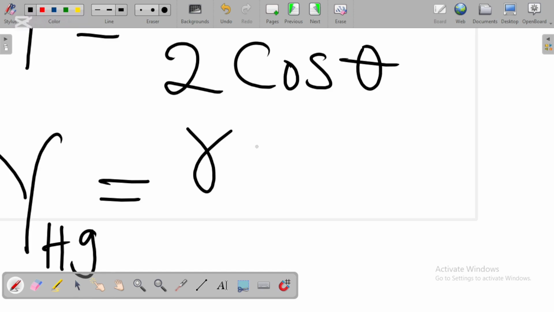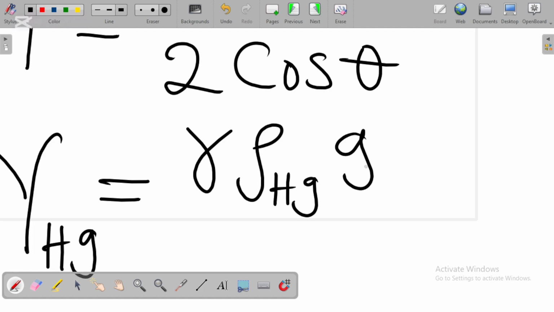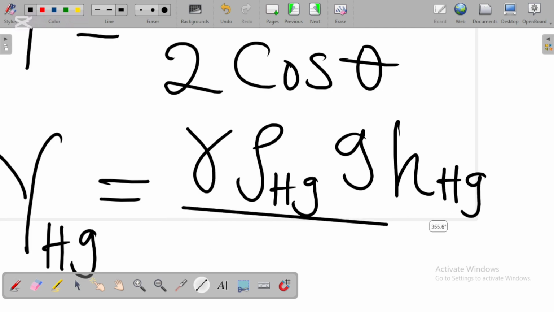And then we have rho for the mercury, the density of mercury, and then multiply by acceleration due to gravity, g. g is also a general term. And then we have the h, which is the height of the mercury. So we have h subscript Hg.